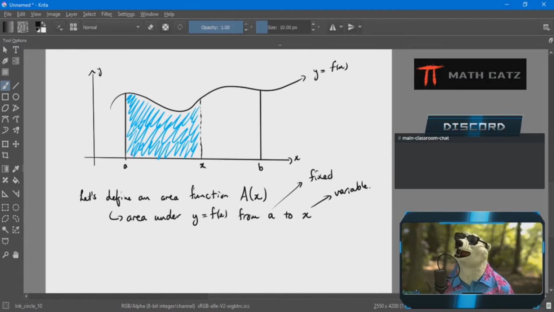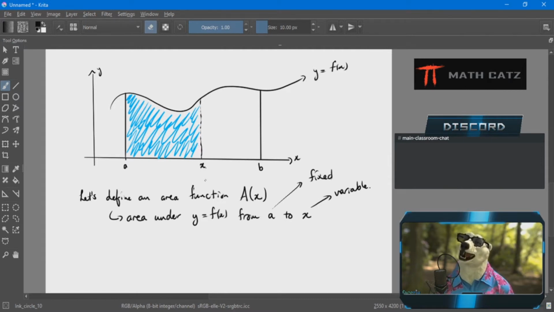And as I increase this input where we want to stop, our light blue area is going to get bigger. So ultimately, we have a little bit more wiggle room with our area by changing the right endpoint of this light blue area. It's a little bit more flexible.